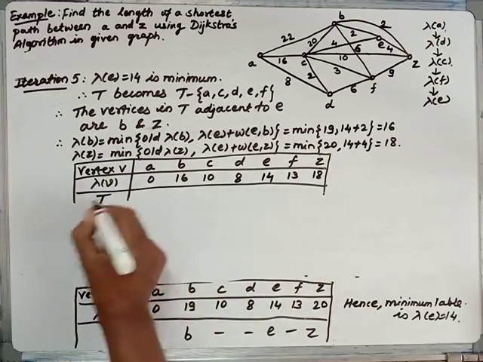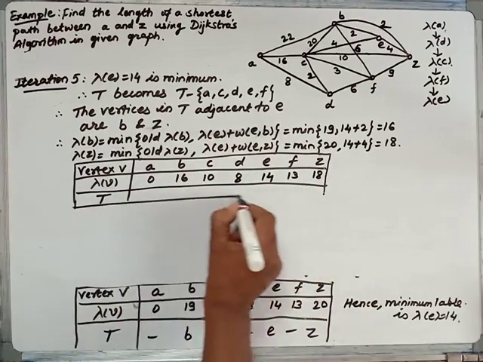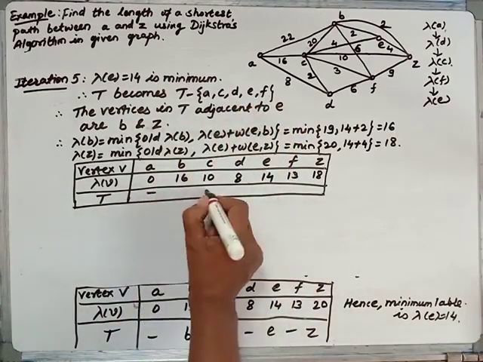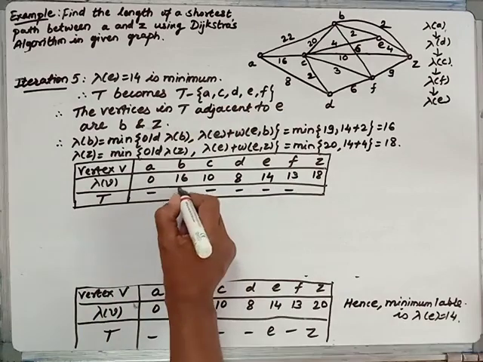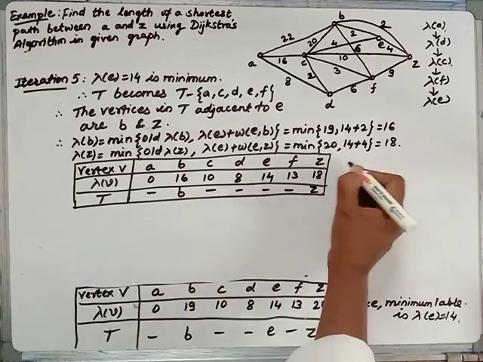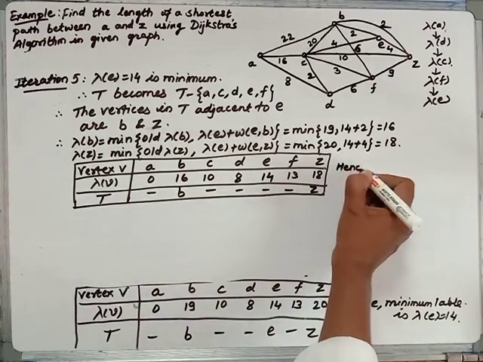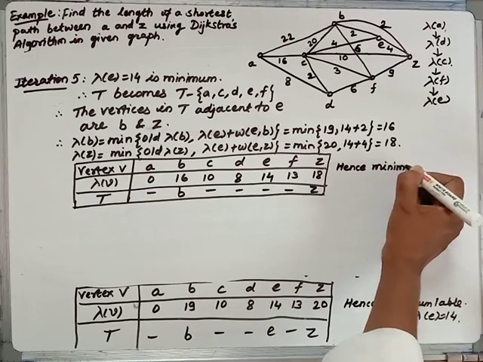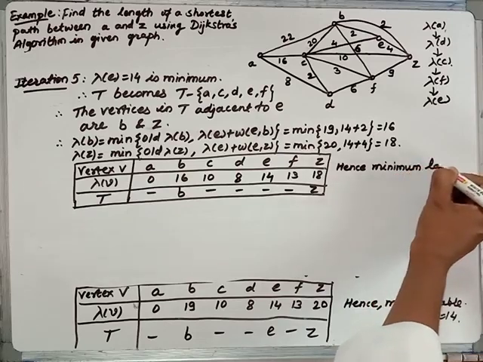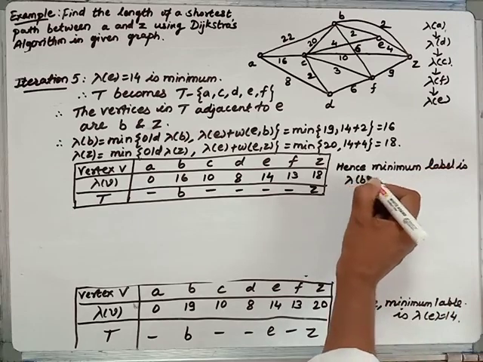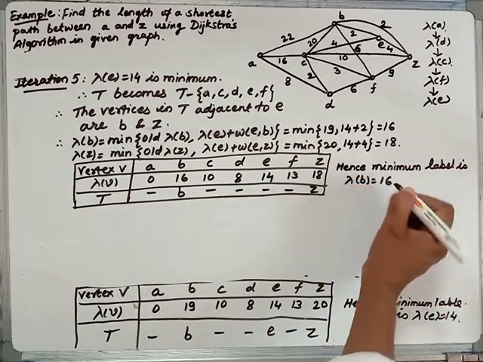What is T? T becomes, except these, A, C, D, E, F. So simply B and Z are there. Okay. So what is the minimum among B and Z? So hence minimum label is what? Lambda of B is equal to what? 16.